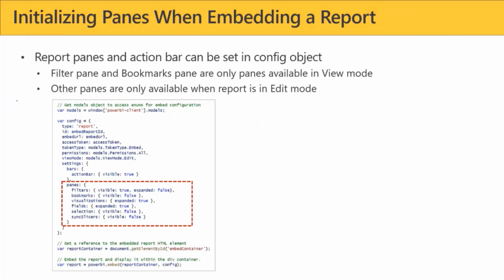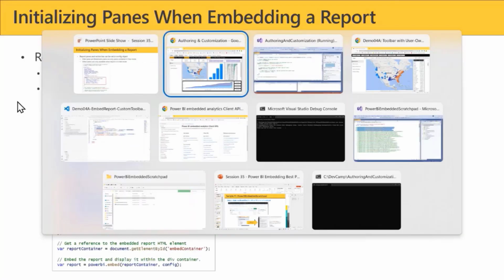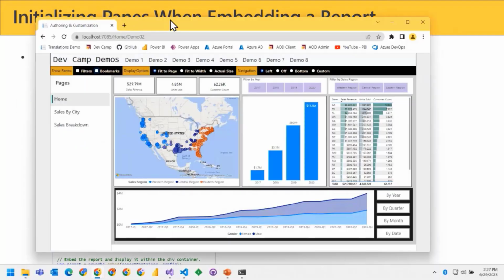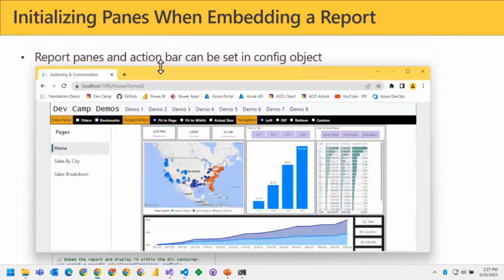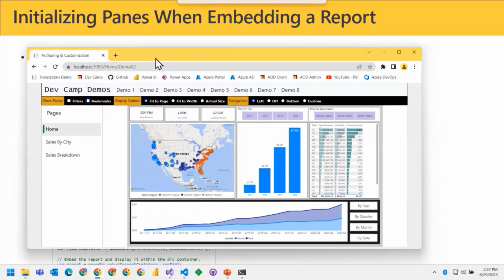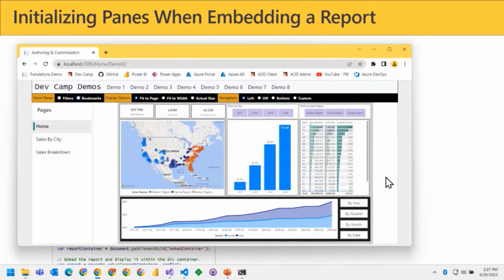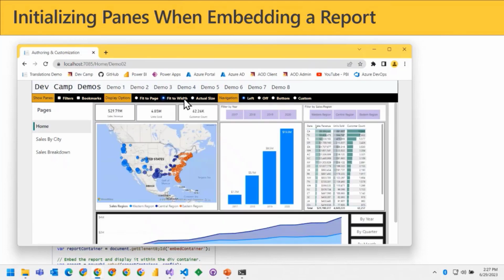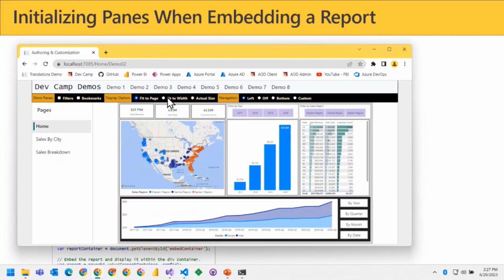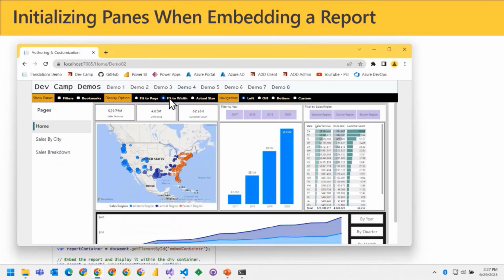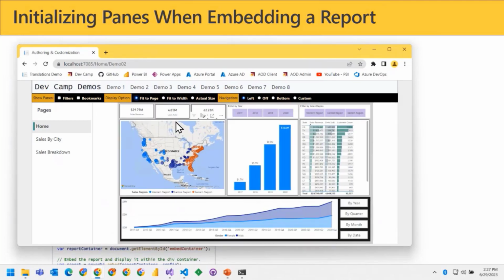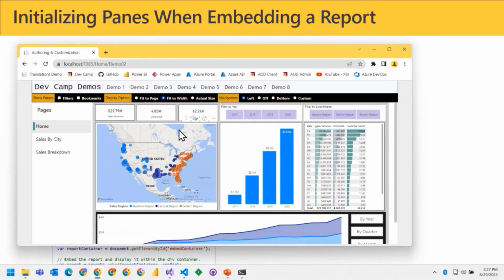I make that all white, and now what I want to show here is that if I make this small right here, and I go to actual size, versus fit to width, versus page width, giving the user the ability to change this through your application, just like they could if they were using the Power BI service, gets to be a nice touch to provide.